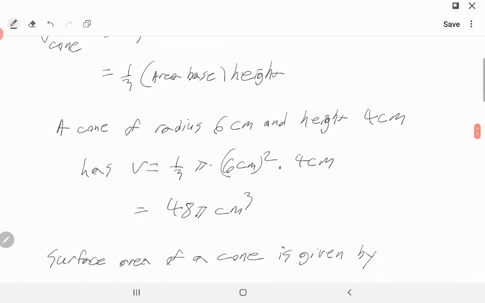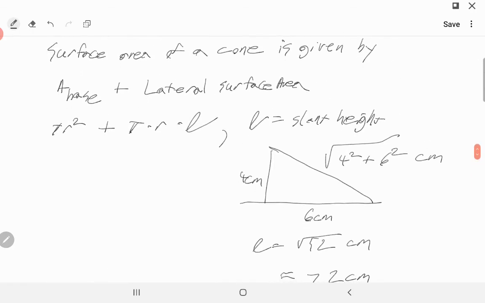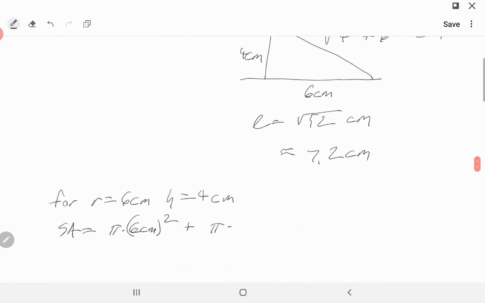We noticed that for the surface area, let's stick with radius 6, height 4. So for r equals 6 centimeters, h equals 4 centimeters, the surface area is pi times 6 centimeters squared plus pi times the radius 6 centimeters times that slant height of 7.2 centimeters.